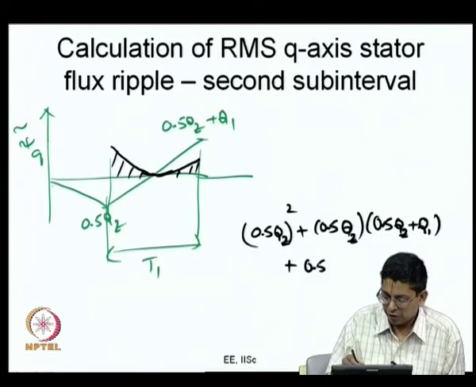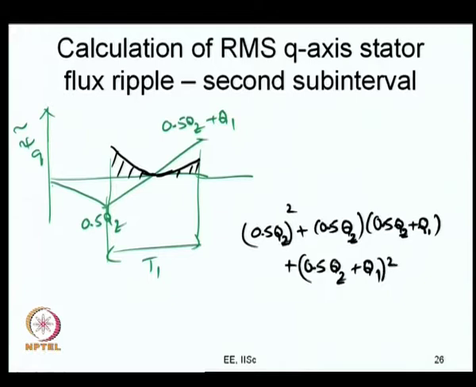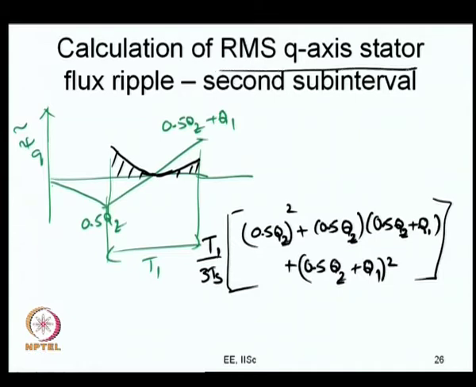Plus 0.5 Qz plus Q1 the whole square. I am just following what we did before, by squaring the linear section. I am going to take 1 by 3 Ts of this and multiply this by T1. Now, this is going to be the contribution of the second subinterval to the mean square q axis stator flux ripple. These are the mean square values I am just trying to compute now.